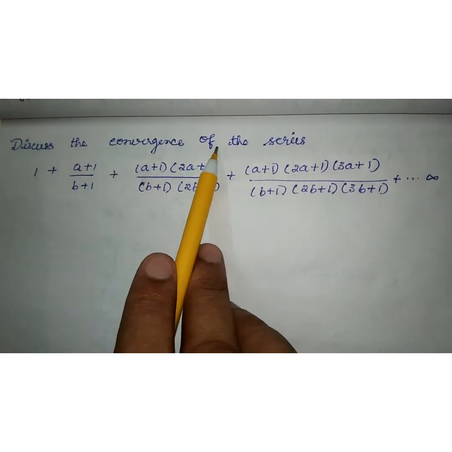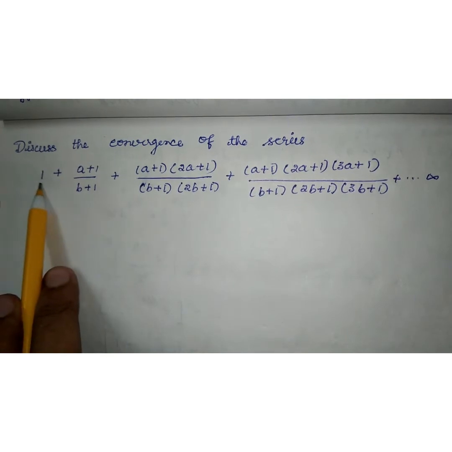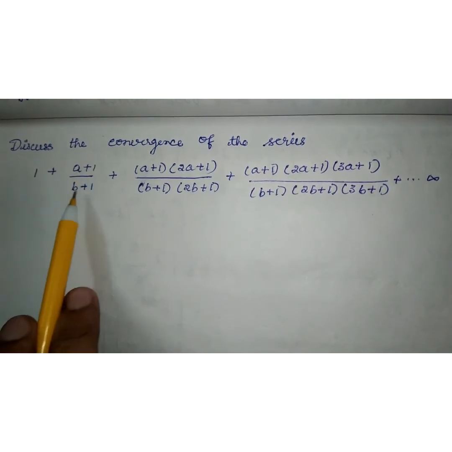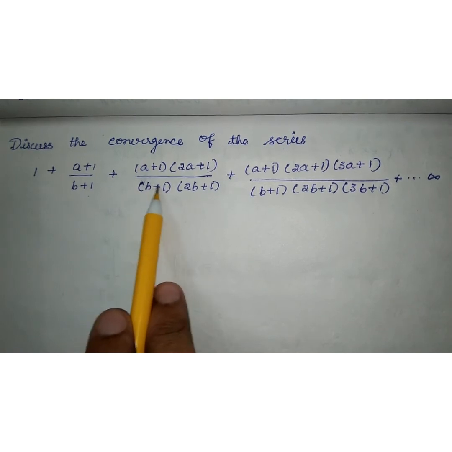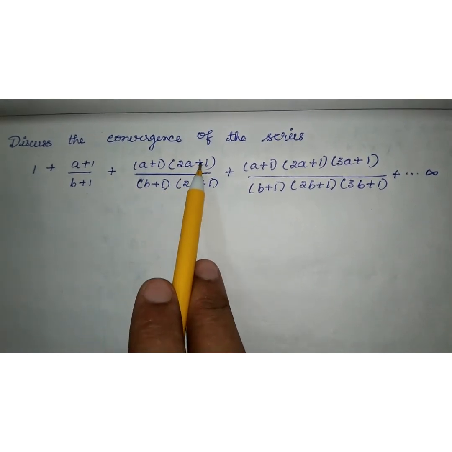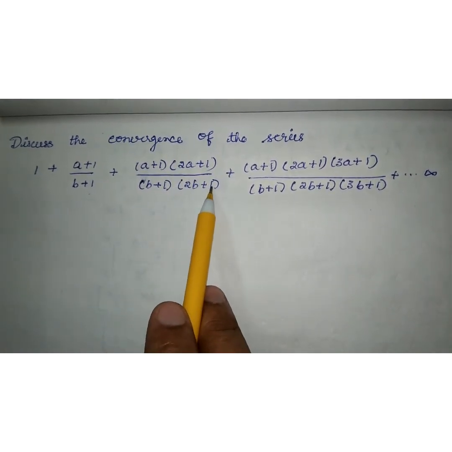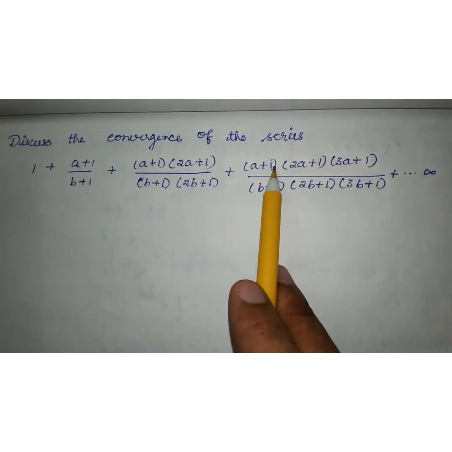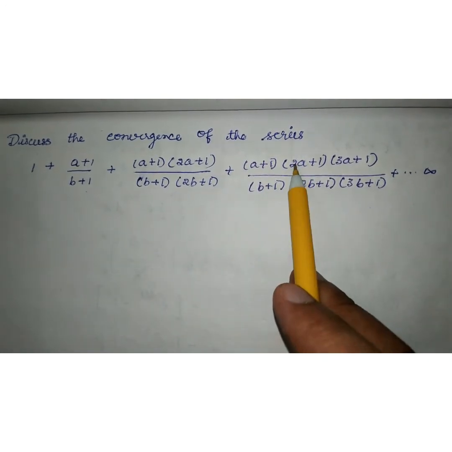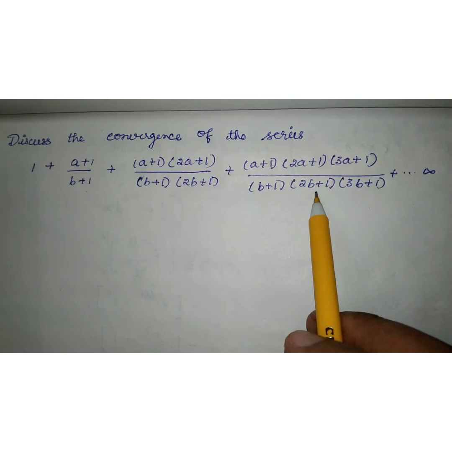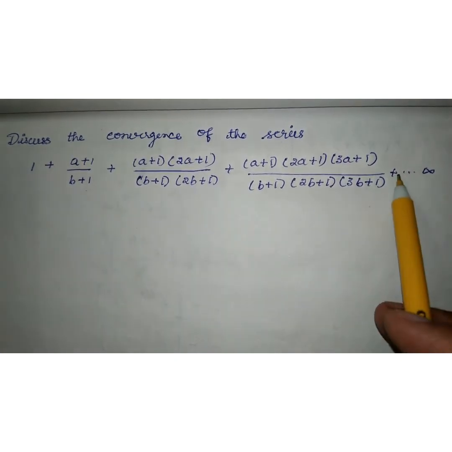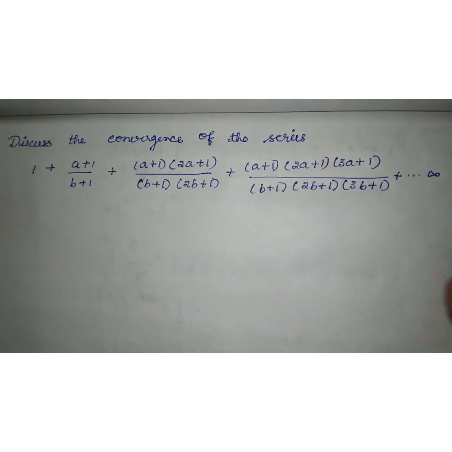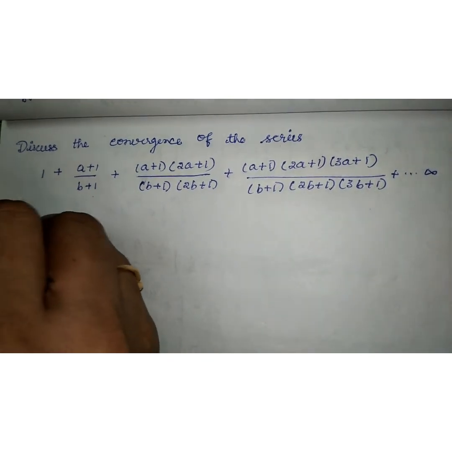Discuss the convergence of the series 1 plus (a plus 1)/(b plus 1) plus (a plus 1)/(b plus 1) into (2a plus 1)/(2b plus 1) plus (a plus 1)/(b plus 1) into (2a plus 1)/(2b plus 1) into (3a plus 1)/(3b plus 1) plus and so on, till infinite terms.